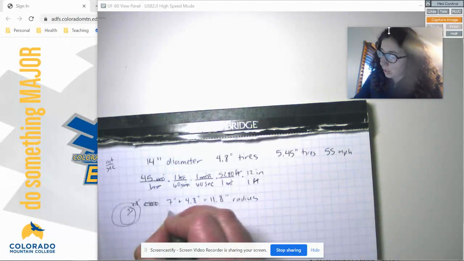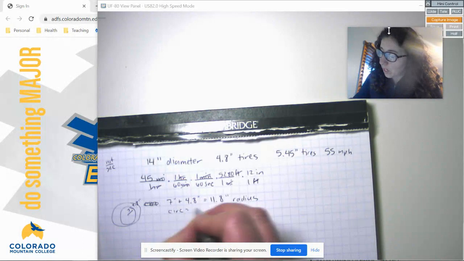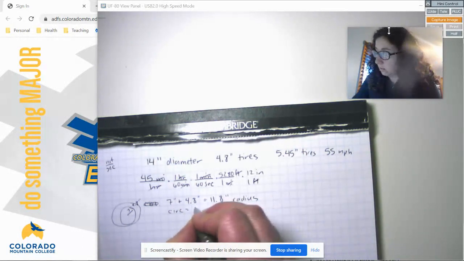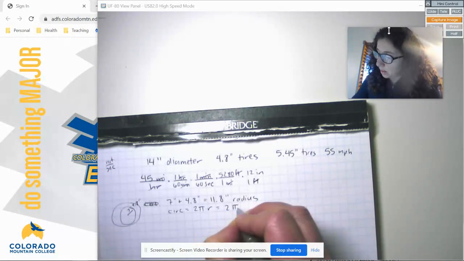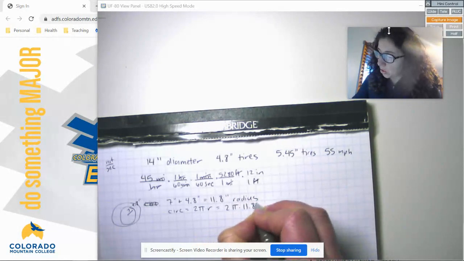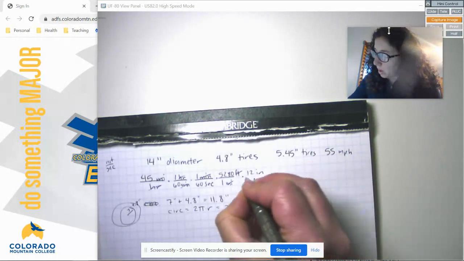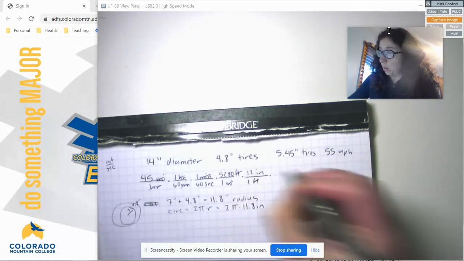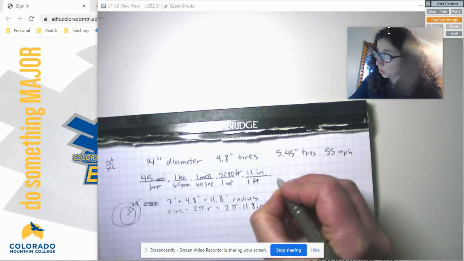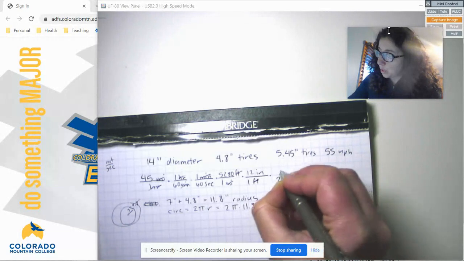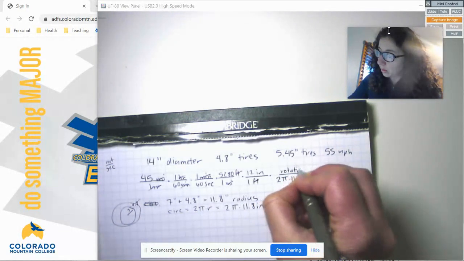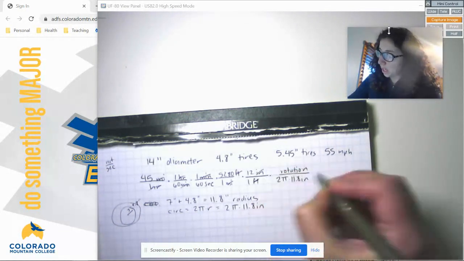So my circumference is 2 pi r, so 2 pi times 11.8 inches. Okay, so here we go: 2 pi times 11.8 inches per rotation. That was the key, right?